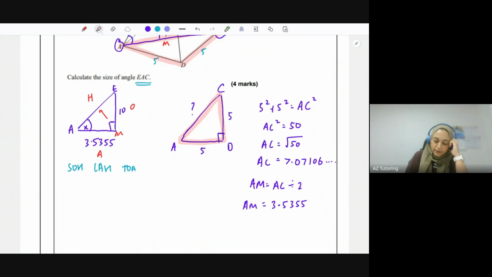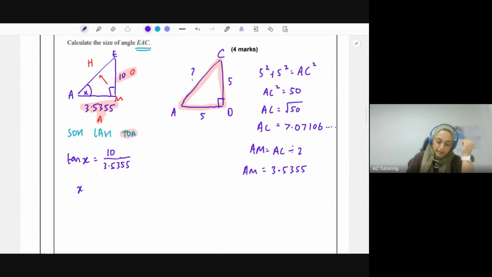So I know that I've got O, and I've also got A, and the one that's got O and A is tan. So we're using tan there. So tan of our angle, which we don't know, we've called it X because that's what we're trying to find, is opposite, which is 10, over adjacent, which is 3.5355.